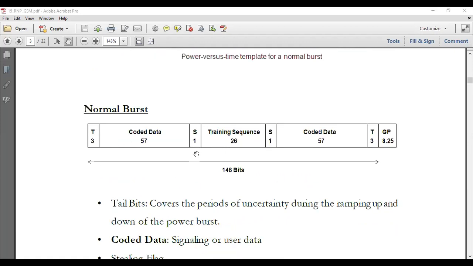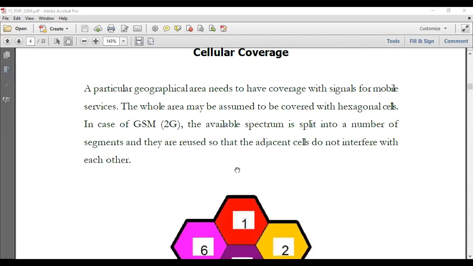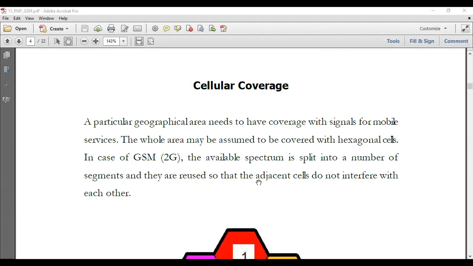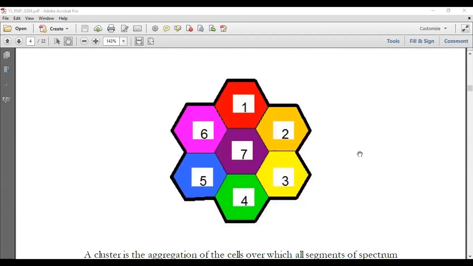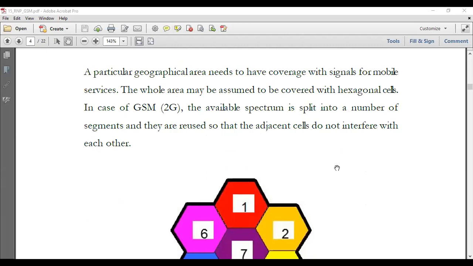This training sequence has some fixed bit pattern. Other fields we are not explaining because 2G is not important. Now, the whole frequency range that you lease from the government, say it is 14 megahertz, let's assume it is 14 megahertz. You need to cover the whole country using base stations. What do you do?